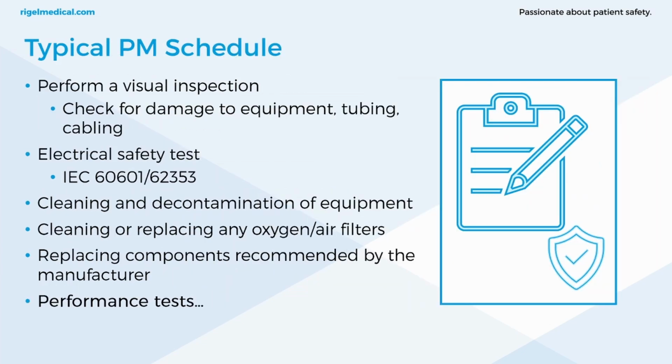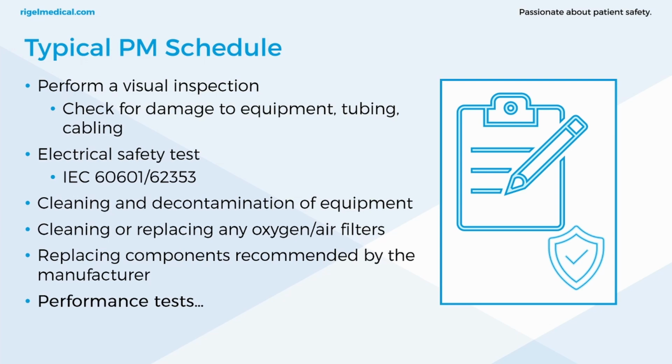But we can establish a typical PM schedule. This is performing visual inspection. Want to check for damage to equipment, tubing or cabling. We carry out an electrical safety test, either to IEC 60601, IEC 62353, or your local national code or standard. We ensure that the equipment is clean and decontaminated.